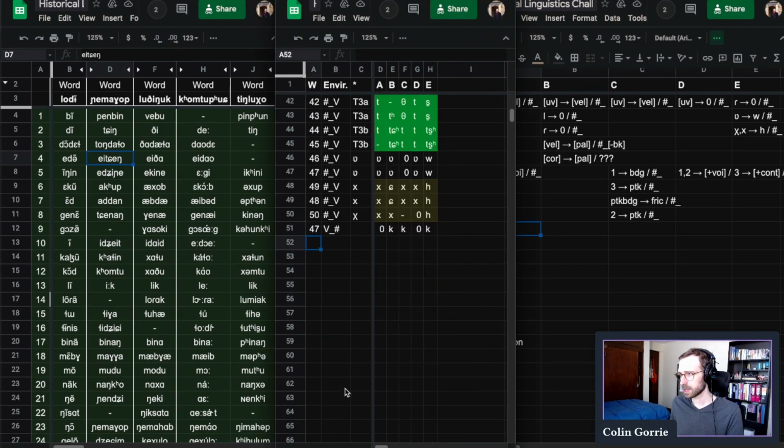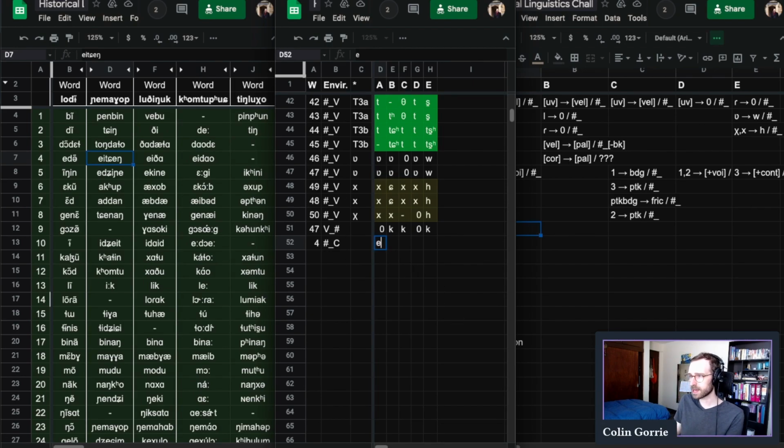So the way to read this middle sheet is, this is the word, so word number 4. Then the environment, it's going to be word initial and before a consonant, I think, most likely. And this will be our reconstruction, this column here. And so why don't we just start filling it in?